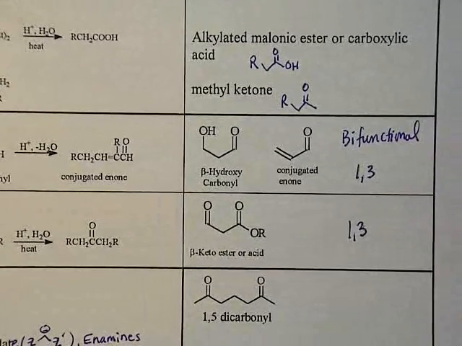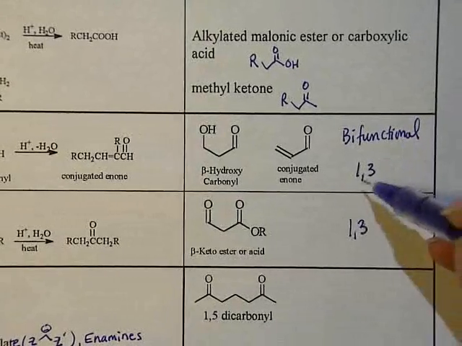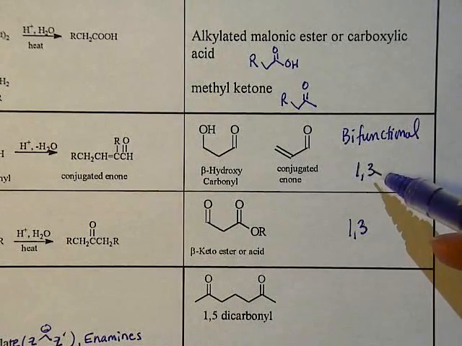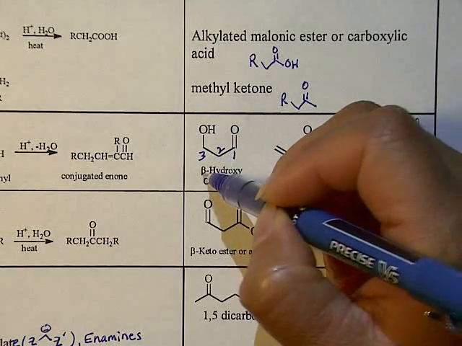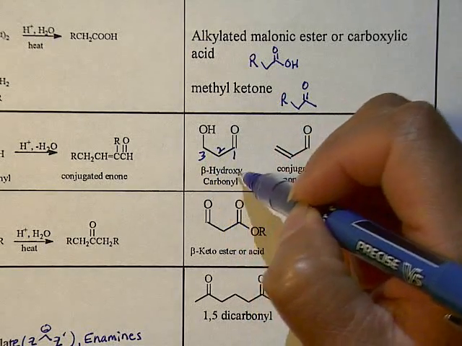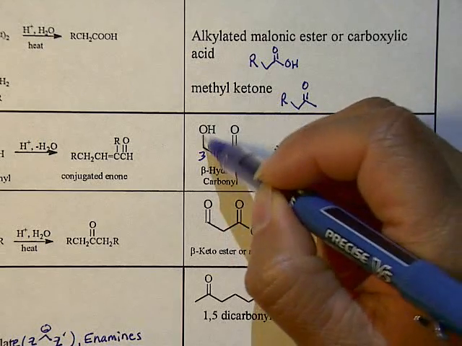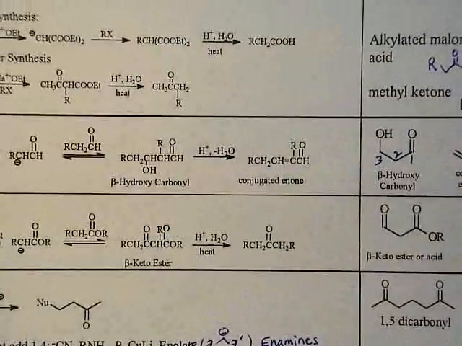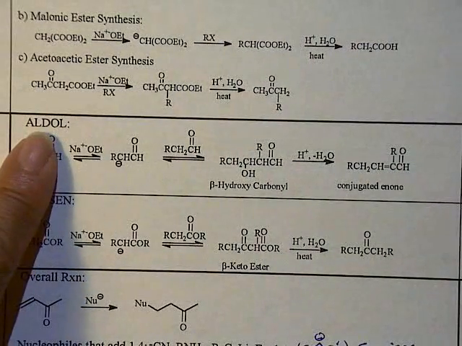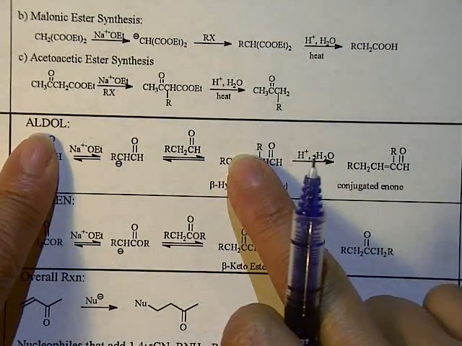So in other words, you see two functional groups, and they're in the relationship of 1,3. For example, if you see a beta-hydroxycarbonyl, when you see these functional groups in this relationship, you should be thinking aldol, because aldol produces that as an intermediate.